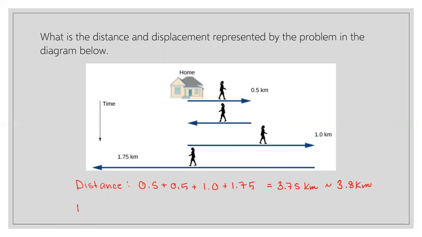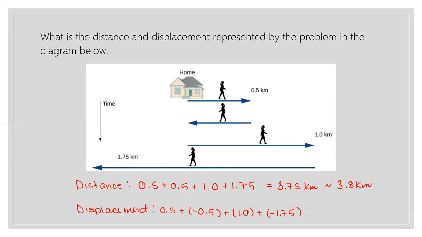Displacement, on the other hand, okay, so if we think about the displacement, displacement's going to include the signs. So let's define right as positive and left as negative. So we go a positive 0.5 plus a negative 0.5 plus a positive 1 plus a negative 1.75.